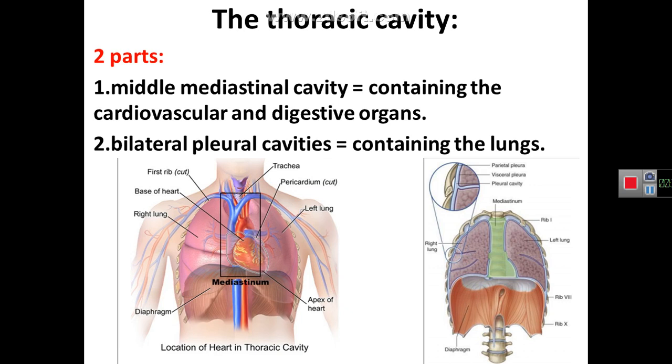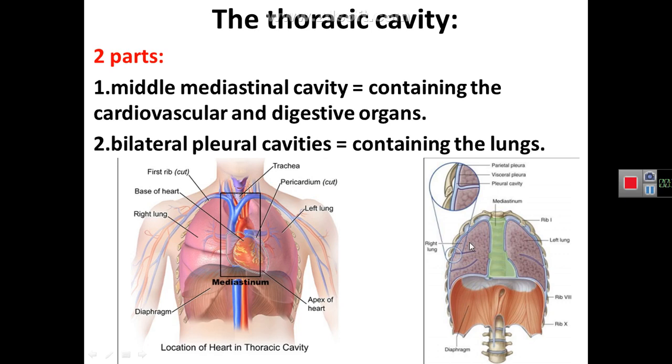And we can say that the thoracic cavity is formed of right and left bilateral pleura, while in the midline there are many structures including the heart, the great vessels, the esophagus, trachea, the main respiratory and digestive organs, and the cardiovascular organs. The midline structures are described as being the part of the thoracic cavity which is called the mediastinum. So the thoracic cavity generally is formed of a midline part, which is called the mediastinum, and the bilateral pleural cavities.